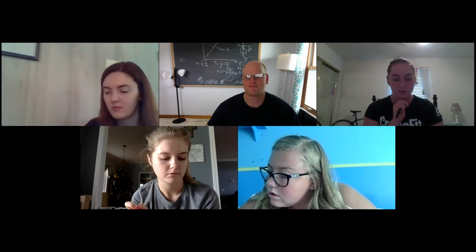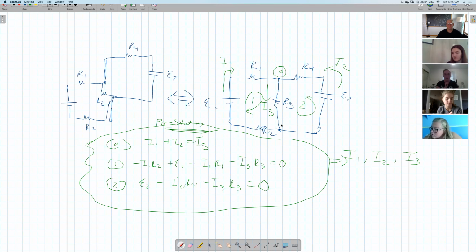I defined both of the ones that are coming from a battery in the direction that the battery would be discharging. Yeah, so this is the way I took it. I got I1 going this way, I2 going this way, and then I3 going downward. So my junction rule would be I1 plus I2 is equal to I3.